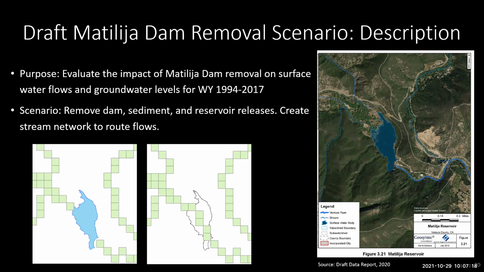Al, your descriptions of Matilija Dam are very good. You've obviously read most of the studies, but I just wanted to point out that, with the current condition, not only is there a lake, but there's also that vast riparian forest upstream.